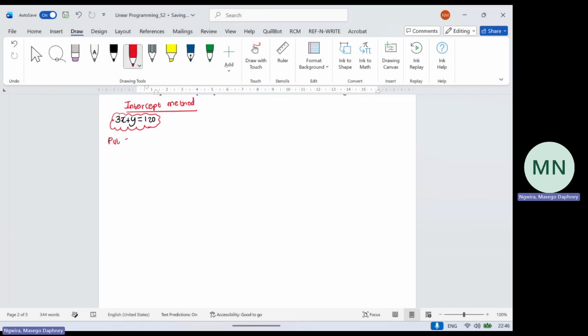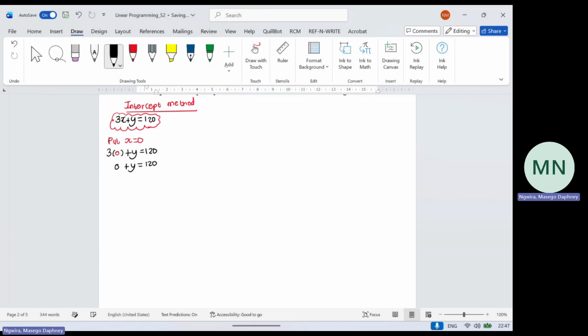You put x equals to 0 into this equation. So wherever I see x, I put 0. 3 times 0 is 0, then plus y is equal to 120.